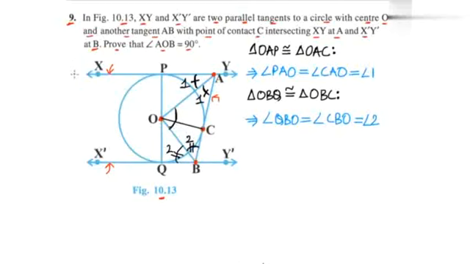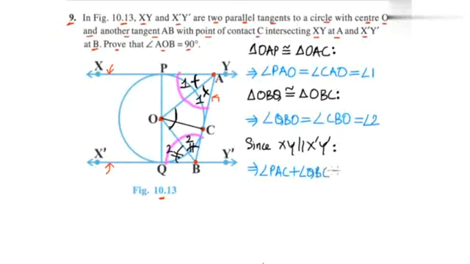Now because XY and X'Y' are parallel, it follows that this whole angle PAC plus this whole angle QBC, their sum must be equal to 180 degrees. So let's write this. Since XY is parallel to X'Y', it follows that angle PAC plus angle QBC is equal to 180 degrees.